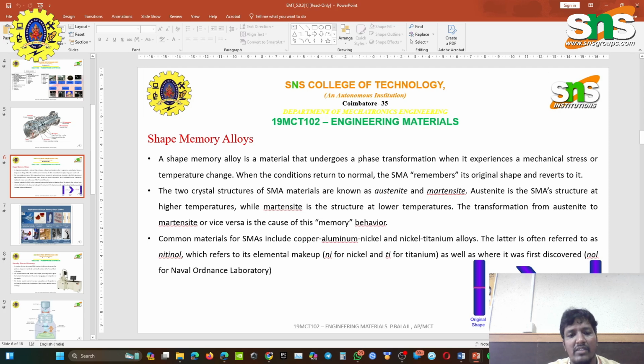The shape memory effect is based on the reversible phase transformation between the austenite and martensite phases, which can be induced by temperature or stress.